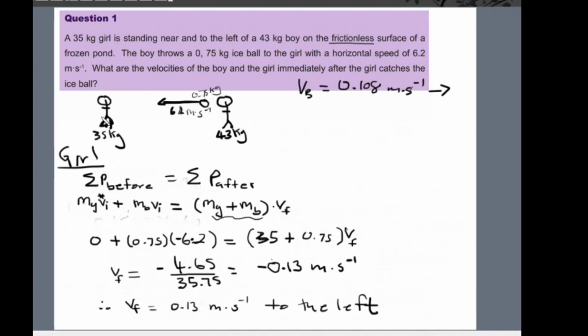The girl is stationary, and then the ball is moving towards the girl. And then after they collide, the girl catches the ball, and because they are standing on a frictionless surface, she moves at a speed of 0.13 meters per second to the left.